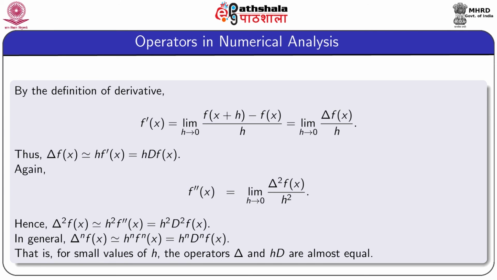Hence delta square f(x) is equivalent to h square f''(x), equal to h square D square f(x). That means delta 2 is equivalent to h square D square, provided h is very small. In general, we show that delta n is equivalent to h to the power n D to the power n for small h.